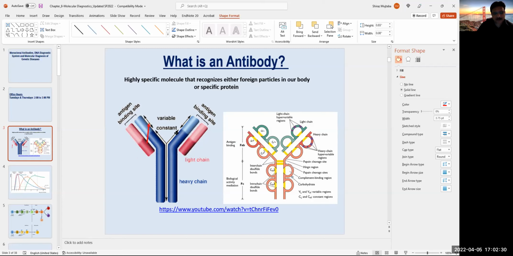This variability is important for detecting various kinds of pathogens, especially variants. There could be one virus, but it could change its structure because of genetic changes, variations. So these antibodies can adapt.